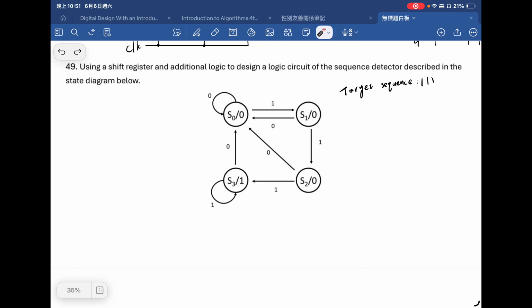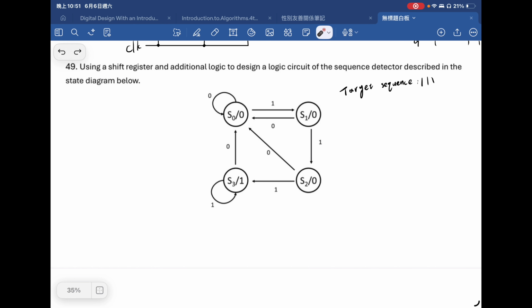State 3 means that the target sequence has been detected, since the output of state 3 is 1. This state represents successful detection. If the next input is still 1, the circuit will remain in state 3 because there are still at least 3 consecutive ones.